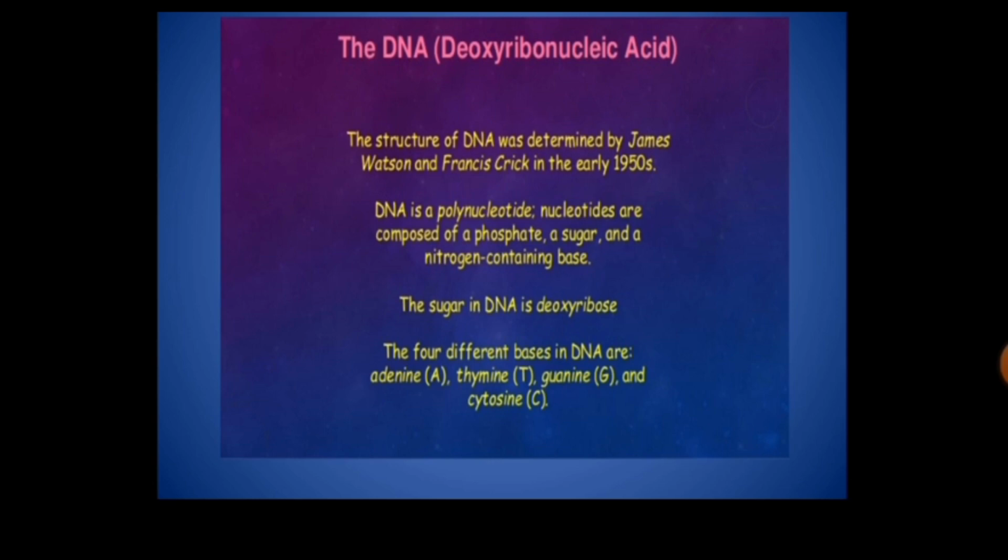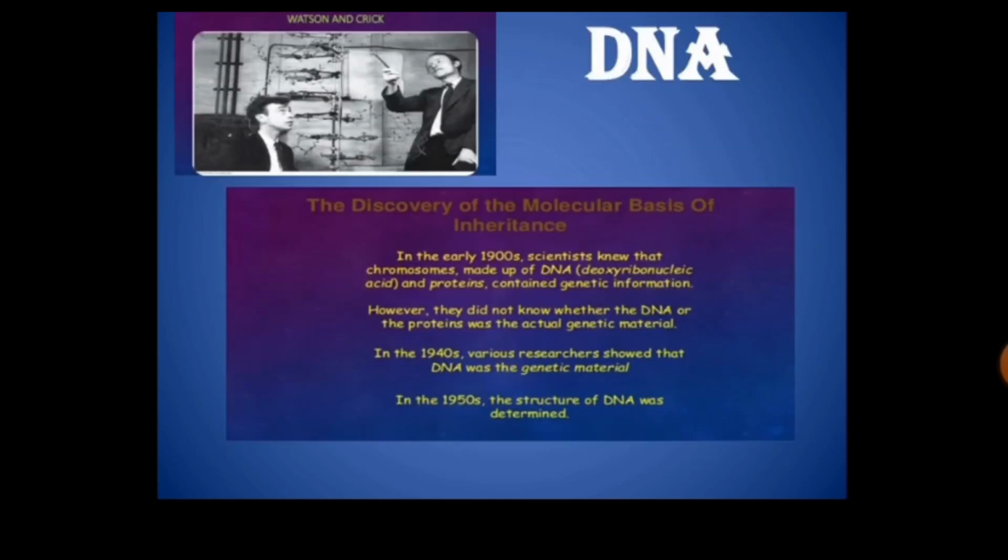So we will talk about DNA and RNA. DNA is deoxyribonucleic acid and it is a double-stranded structure. What do we mean by double-stranded structure? It means two ribbon-like structures wrapped around each other.